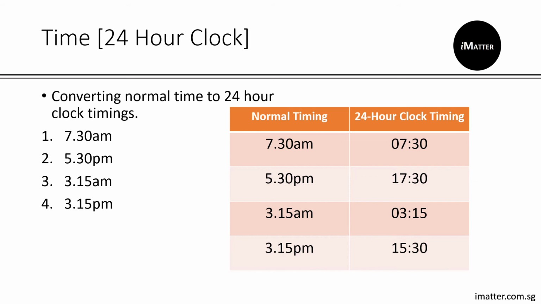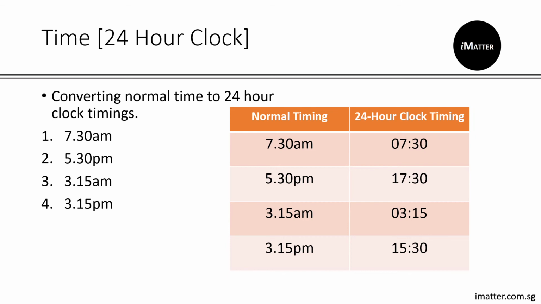There are two rows that I would like to bring your attention to, which is the last 2. Now do take note that even though they show 2 of the same numbers, which is 3:15, the time periods are different because one is in AM and one is in PM.